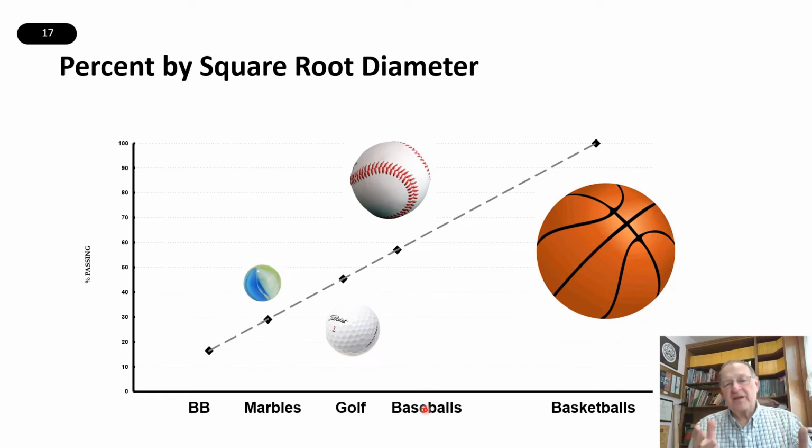When this experiment was done with rocks, back in the 1930s or thereabouts, they took half-inch size rocks, quarter-inch size rocks, 1/8 of an inch, 1/16 of an inch, a 32nd of an inch, a 64th of an inch. I think that was the smallest one that they used in this experiment.